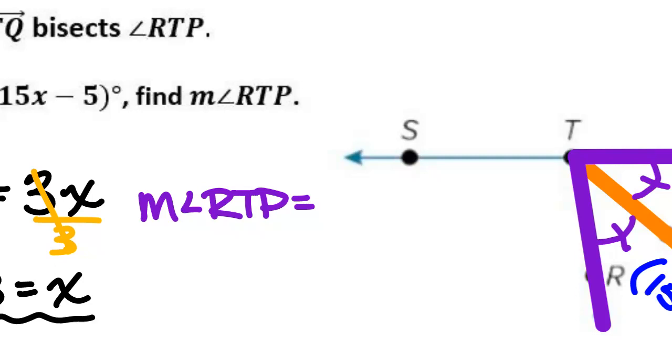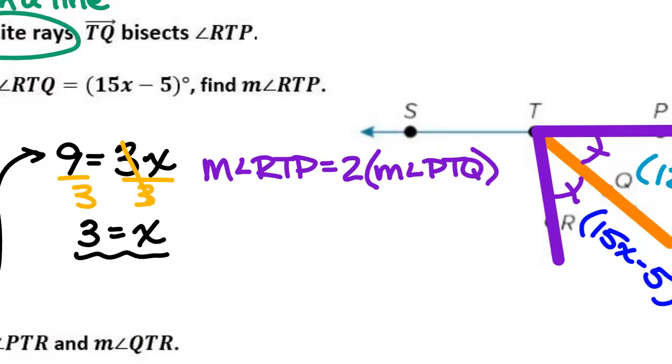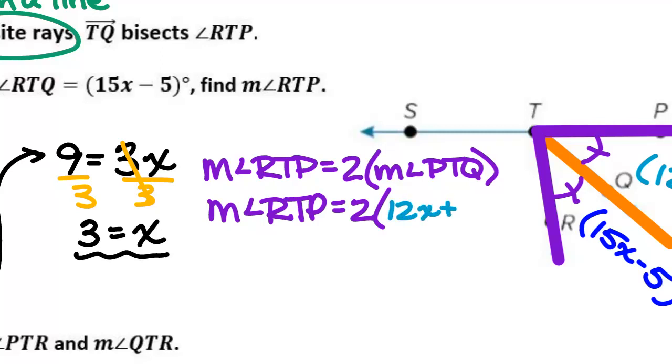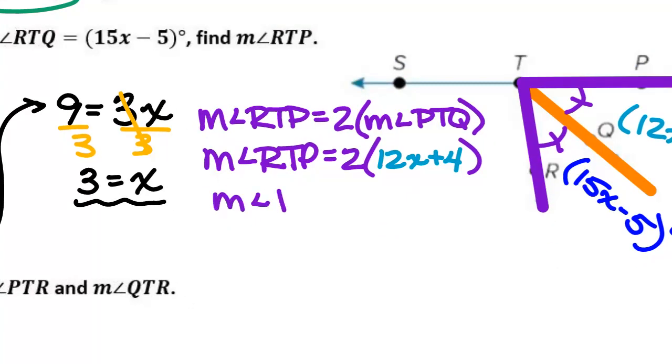Okay, so the measure of angle RTP is equal to 2 times the measure of angle PTQ. So the measure of angle RTP is equal to 2 times 12x plus 4. Measure of angle RTP is equal to 2 times 12 times 3 plus 4.